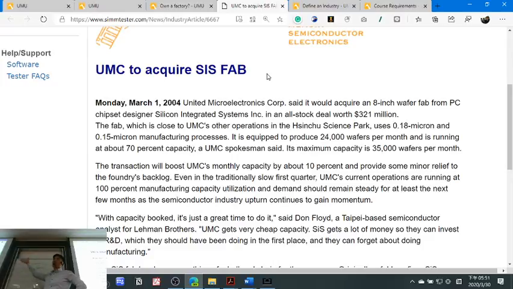And one of the largest foundries, UMC, said, you're now in trouble, so the best solution is to sell your business to me. So finally the foundry company UMC acquired SIS. That is the real story.